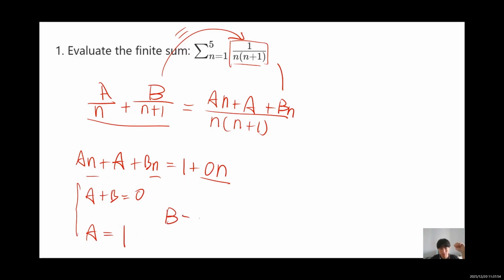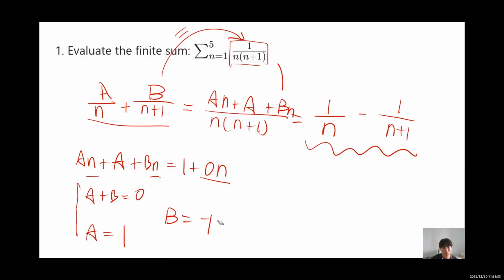So B is minus 1. It's easy to see, right? Then let's plug A and B into the expression. This should be minus, I think. Okay, this is the outcome of partial fractions.